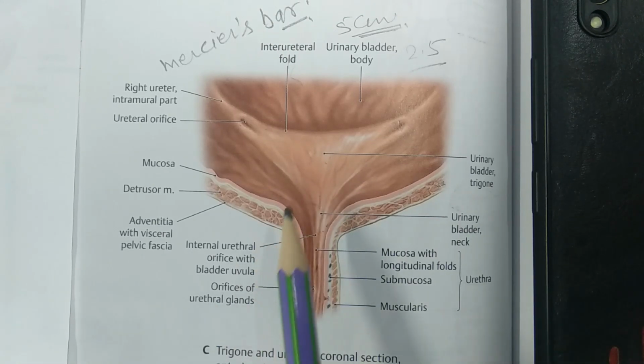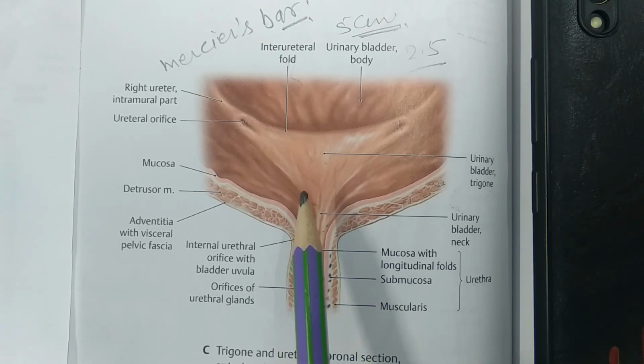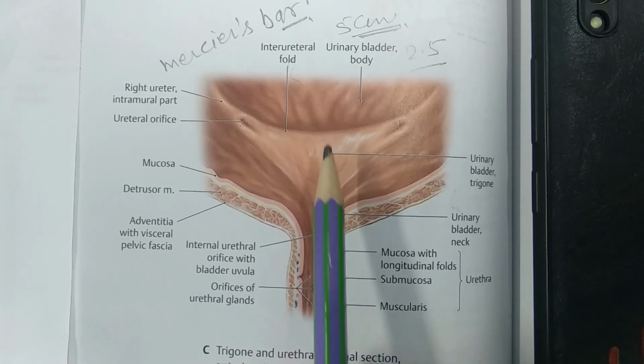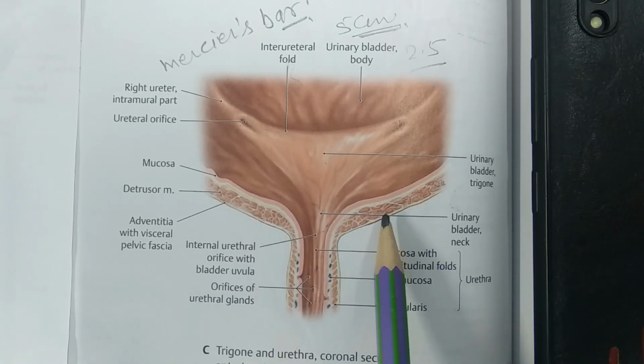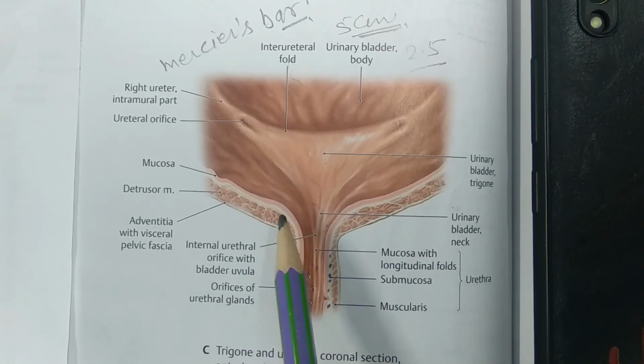One more important thing about this trigone is that it develops from the mesoderm, and the rest of the bladder mucosa develops from the endoderm of the cloaca. So this is all about the structure and the interior of the bladder, especially the trigonum vesicae.